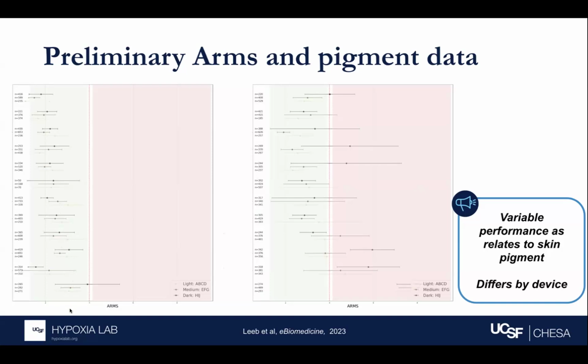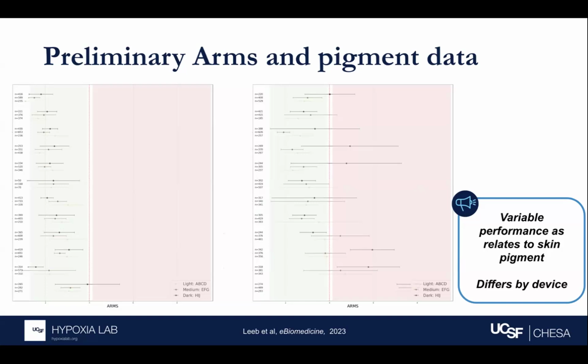Of note, current FDA is 3% for fingertip, and there's a good chance that 3% will be the direction that regulatory agencies are heading, but we'll hear from them in a bit. So if I were to draw a line right here, you'll see that quite a bit more devices would not actually be passing. And all the devices over here are having problems, potentially more often in the cohorts with darker skin pigment, as indicated by these darker black lines.